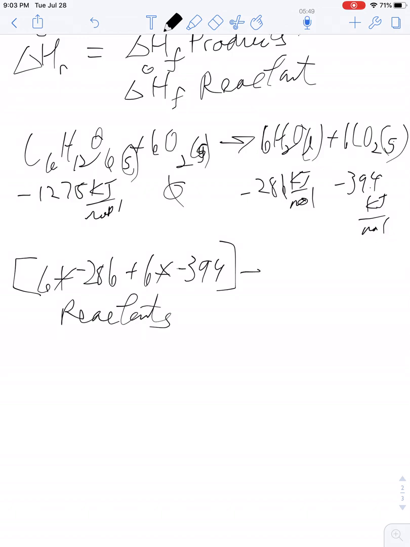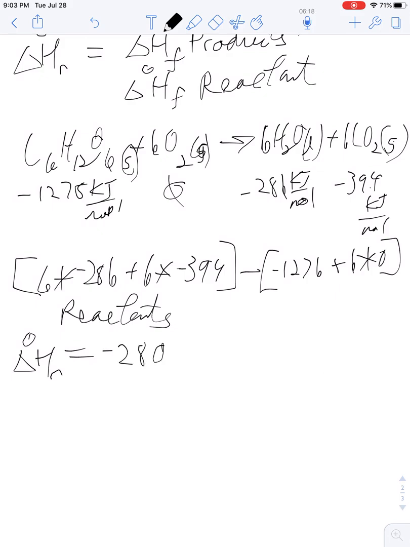And then I would subtract the reactants, which would be negative 1275 plus 6 times 0. So if you plug that into your calculator, I get negative 2804 kilojoules per mole. Okay?